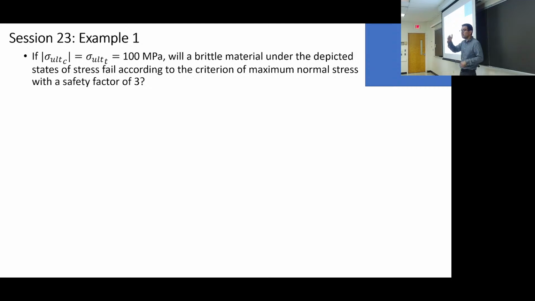What does this mean? We're using a brittle material and maximum normal stress. What's the maximum normal stress I can support? What is going to be my maximum allowable normal stress, before I even look at my design?